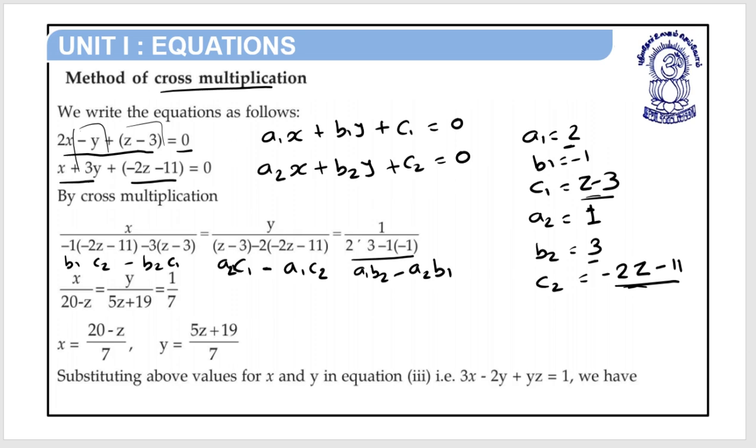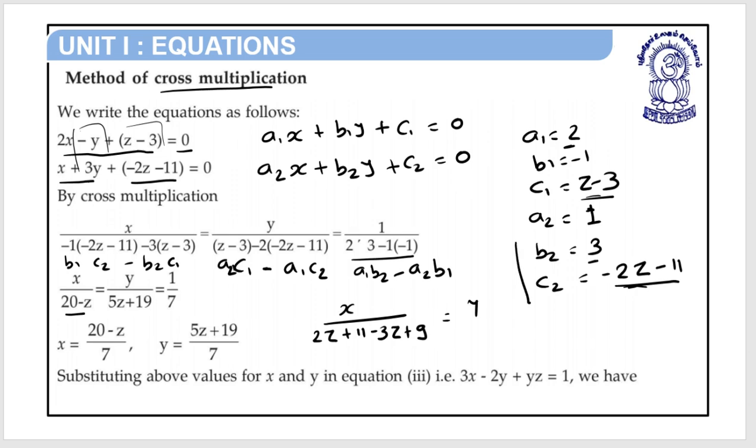Now we will get x upon 20 minus z, minus minus plus 2z minus 11, so 2z plus 11, minus 3z, minus minus plus 3, 3 3s are 9. Here x upon 2z plus 11 minus 3z, minus minus plus 3, 3 3s are 9.